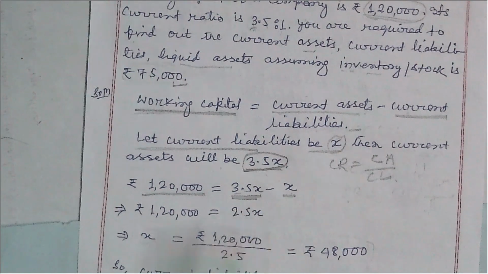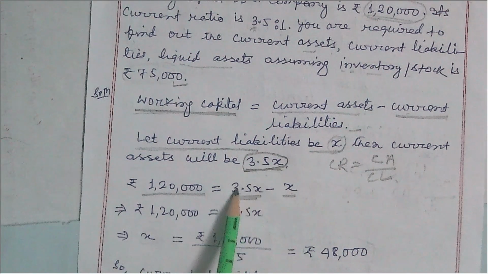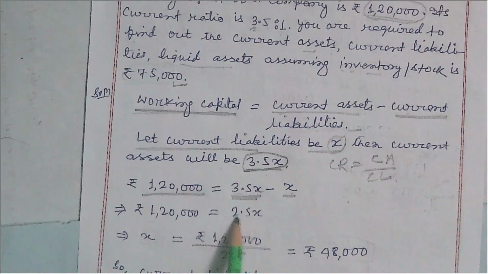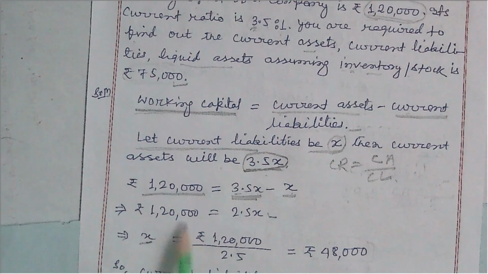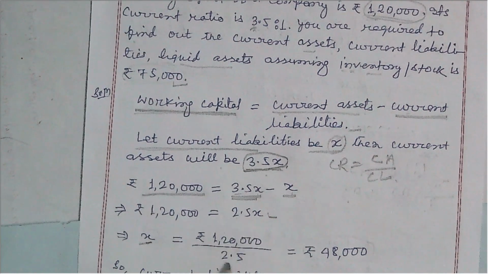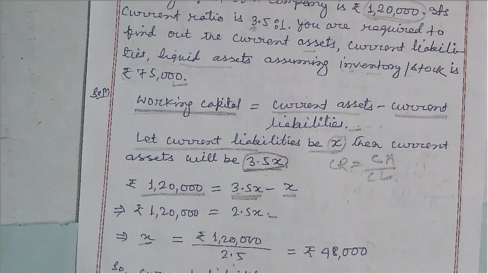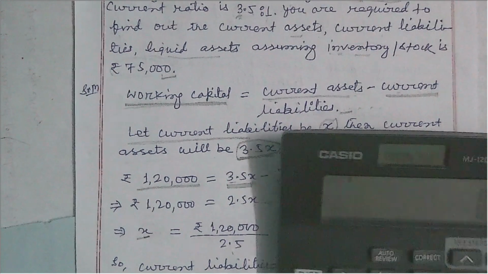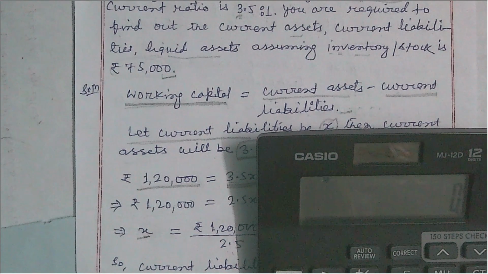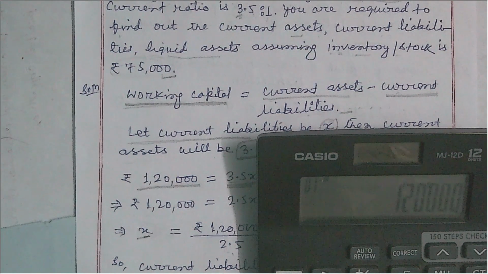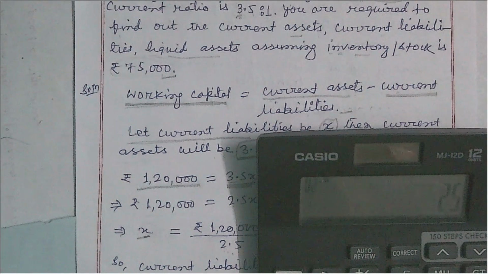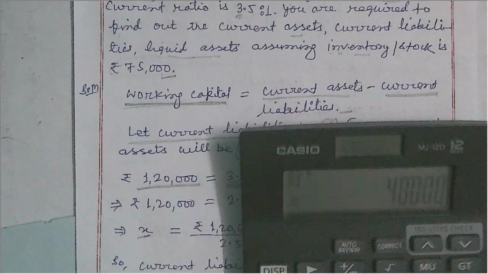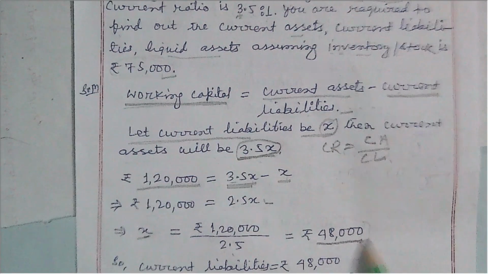Now here 1,20,000 equals 3.5x minus x, that is 2.5x, and x equals 1,20,000 divided by 2.5. So it is 48,000.